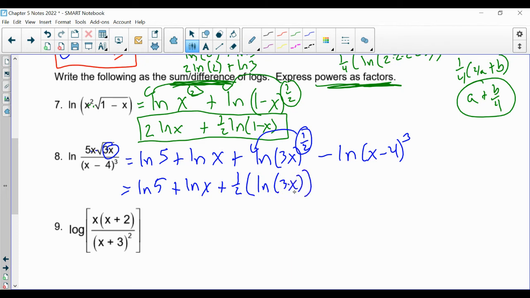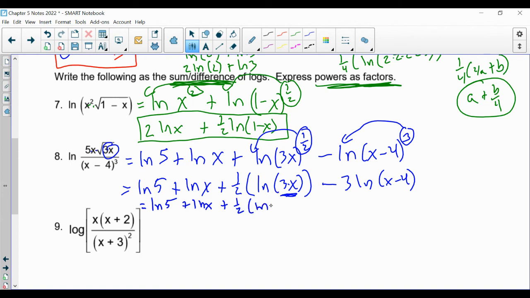Okay. And I still have multiplication that I have to deal with, which I will deal with in a second. Minus, and then this 3 again goes to the front of the log. And there you go. And then the last thing, like I said, is this multiplication here. So natural log of 5 plus natural log of x, nothing changes there, plus 1/2.